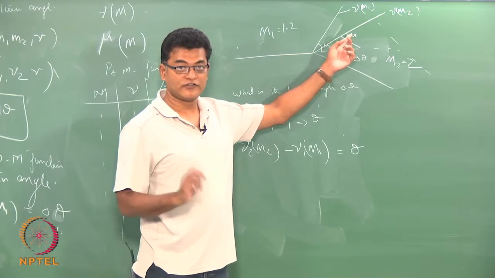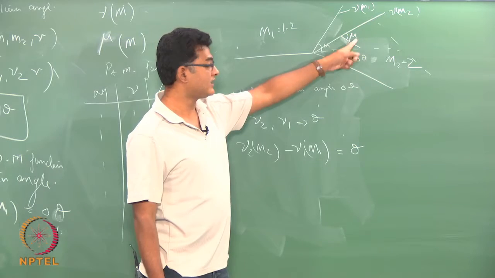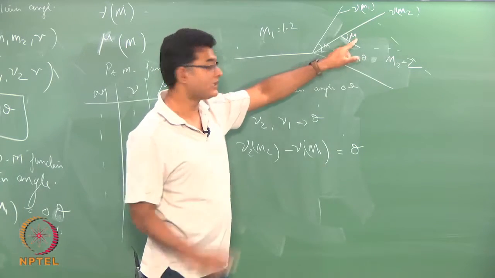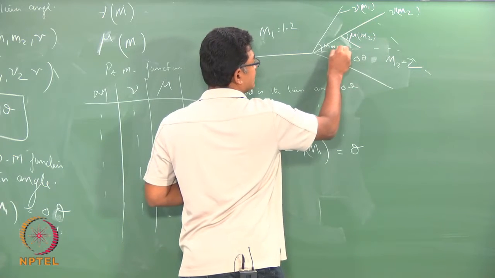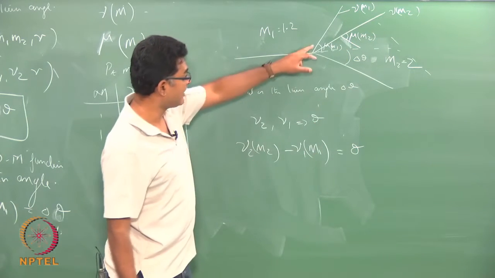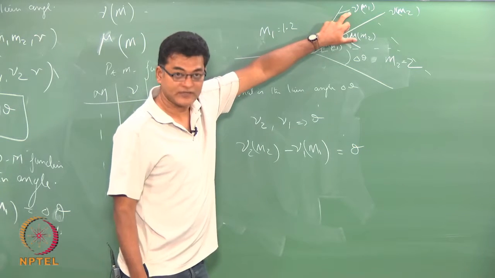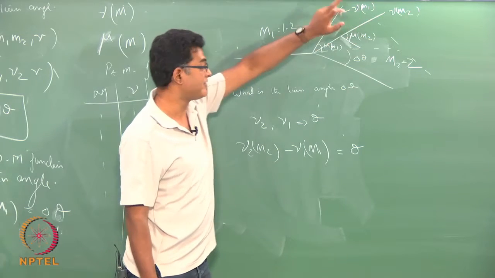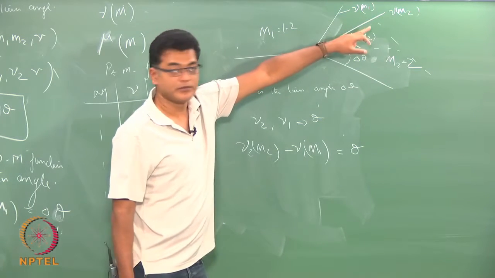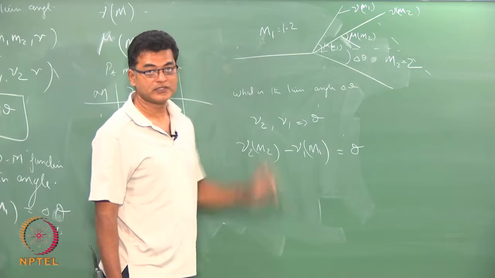Shock angle is only for compression; for an expansion we do not call it shock angle. So this wave angle is mu, which is the Mach angle, associated with m2, and this is associated with m1. So I have a wave angle mu as a function of m1, associated with it I have a Prandtl-Meyer function nu as a function of m1, again nu with m2 and mu with m2.